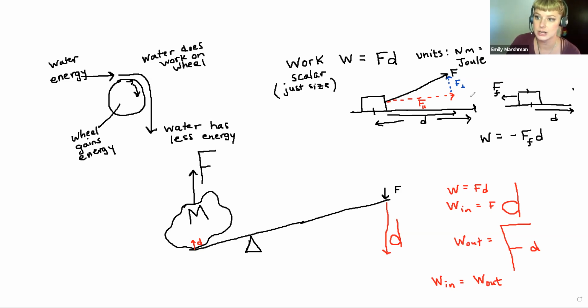Okay. So work can be positive or negative. But the positive or negative here does not refer to the direction. It just refers to whether the work is adding energy to the system or removing energy from the system. So that's kind of the concepts of work and how we can apply it to simple machines.